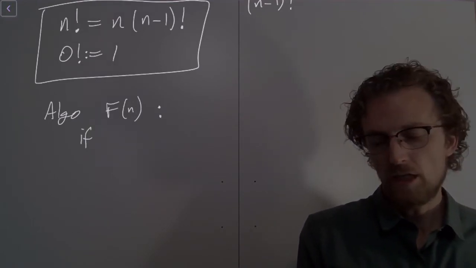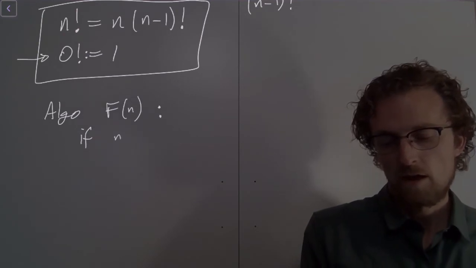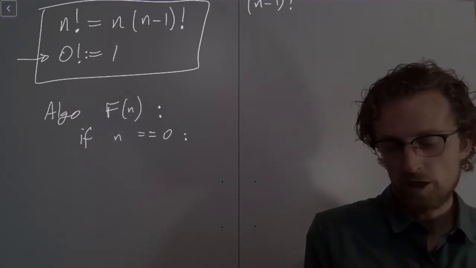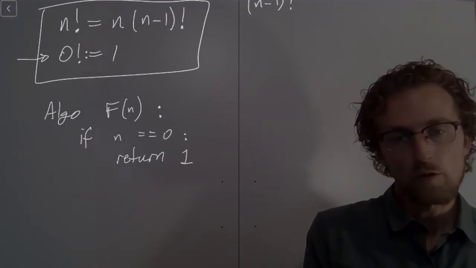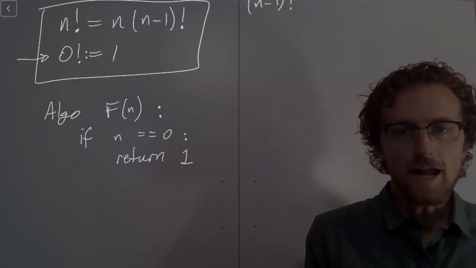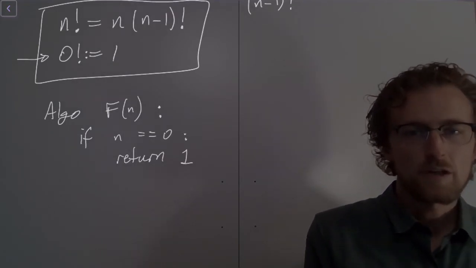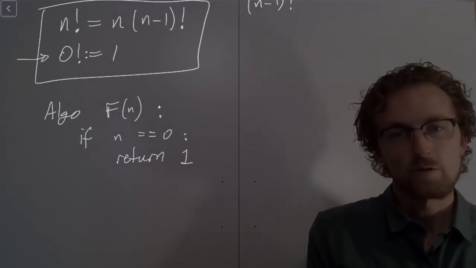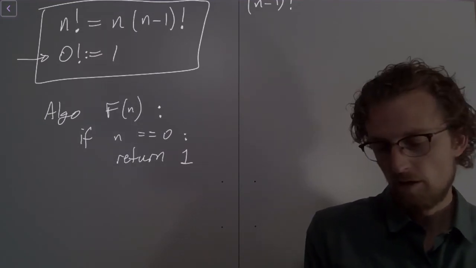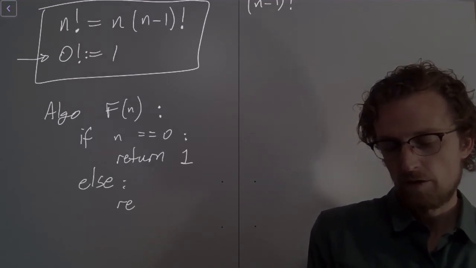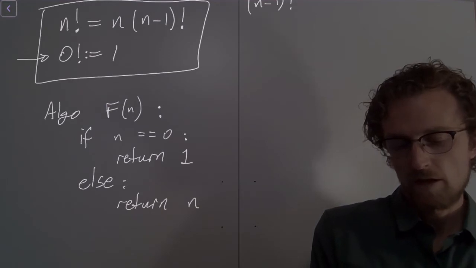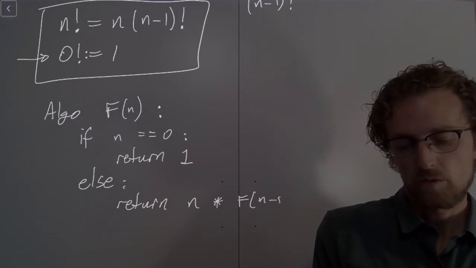First, we'll take the starting condition here. So if n equals 0, then what do we do? We return 1. Otherwise, what do we do? We return n times n minus 1 passed to this algorithm. Right? So we return a recursive call on n minus 1. So else we return n times f of n minus 1.